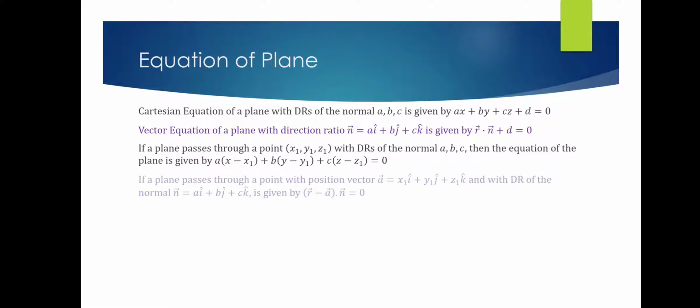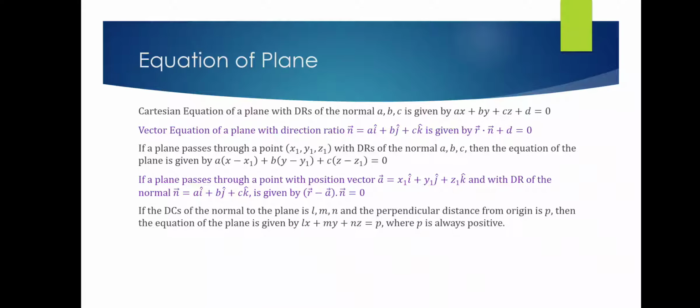The same thing in the vector form. If a vector is the point through which the plane is passing, and n vector is the direction ratio of the normal, then the equation of the plane is given by r vector minus a vector dot n vector equals to 0.